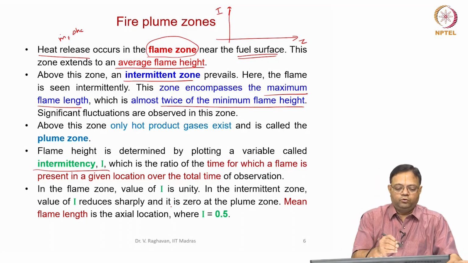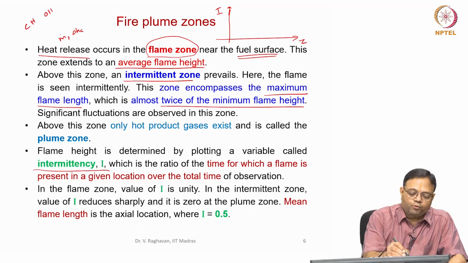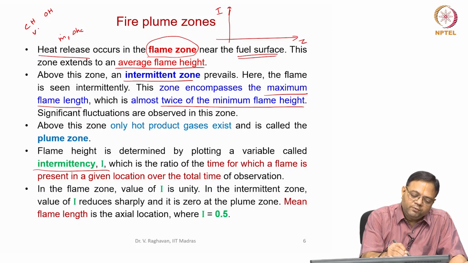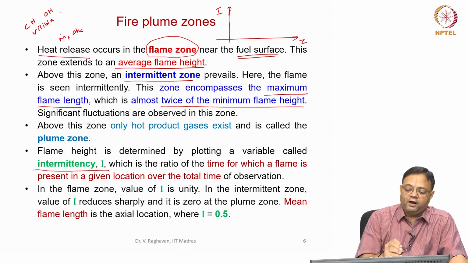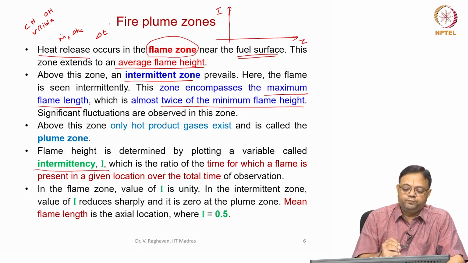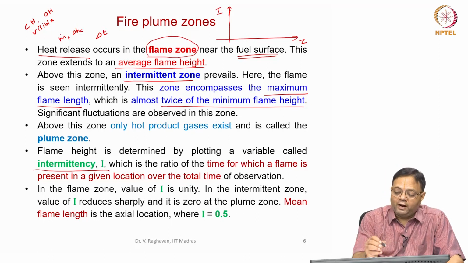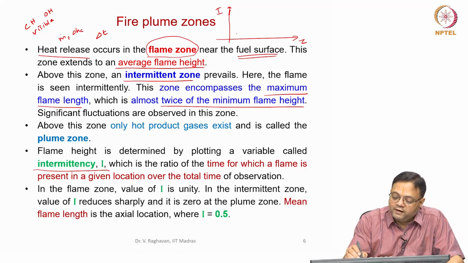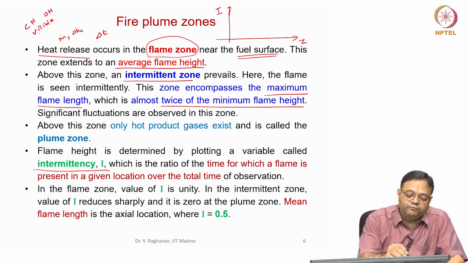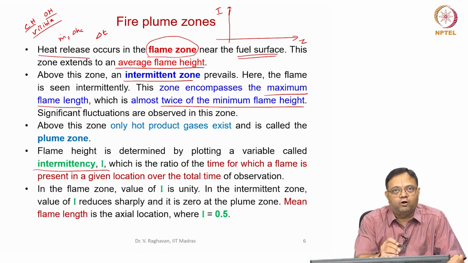So, CH, OH probing or visible flame, I take it for some time period, say delta T. Delta T is the time period I am monitoring at a particular value of Z. At a particular value of Z, I am seeing whether the visible flame is present or not, CH-OH activities are there or not.